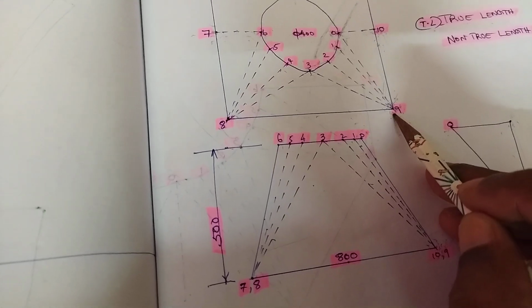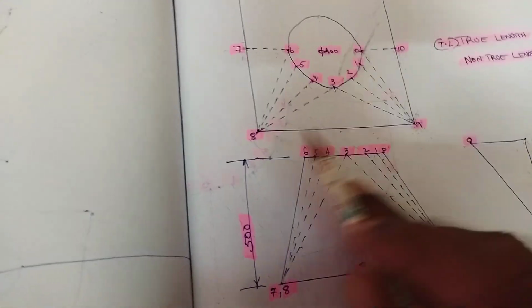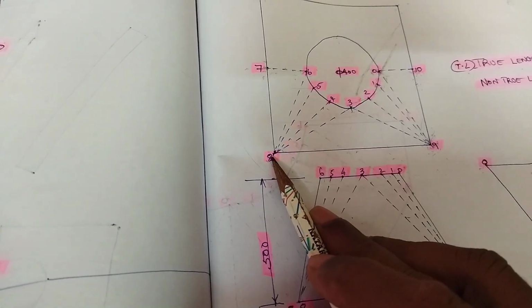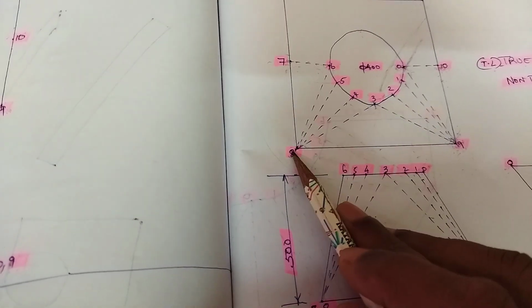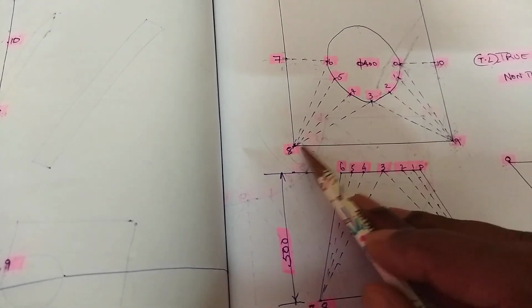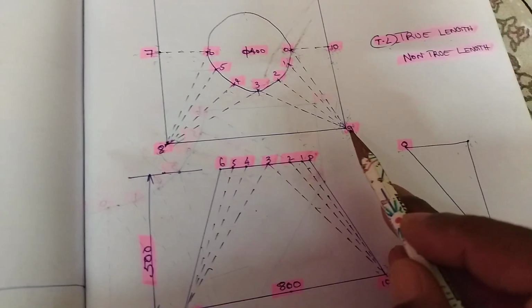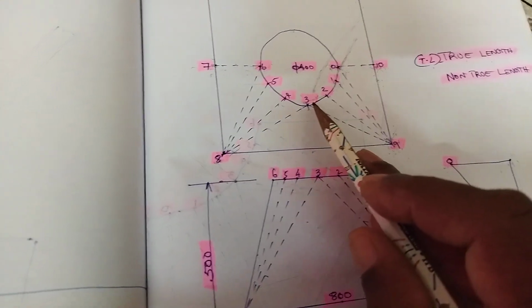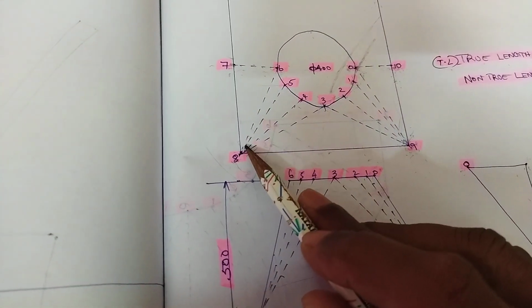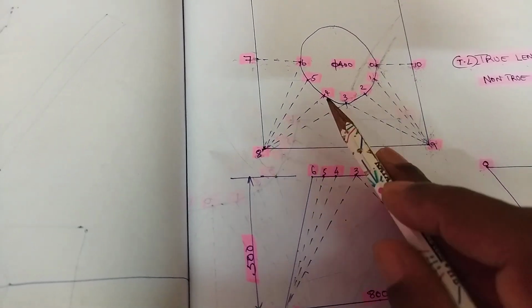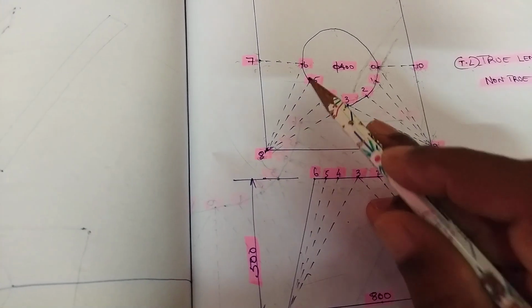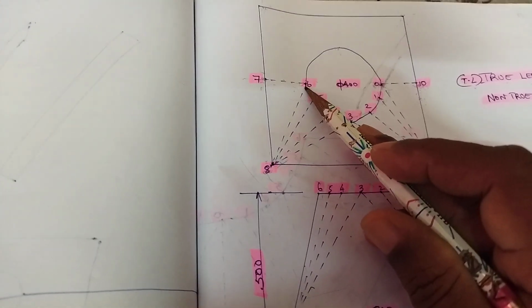Afterwards, we have to find out 8. 9 to 8 is 800 length. Where will it coincide? 8 to 3 has to be marked. What is the measurement of 8 to 3? Whatever measurement we got as 9 to 3, that is the measurement for 8 to 3. 8 to 3 has to be marked, 8 to 4, 8 to 5, and 8 to 6 have to be marked.